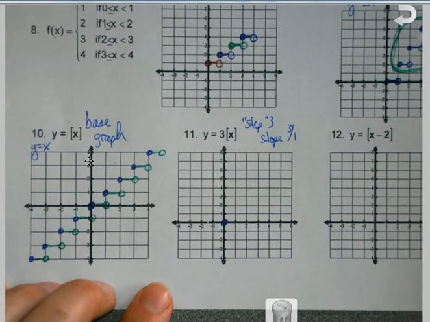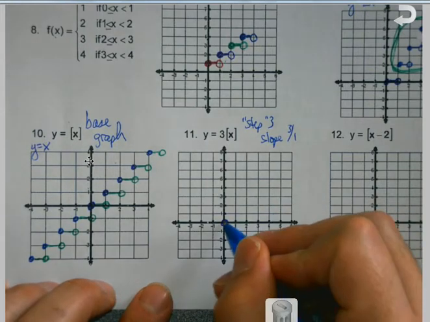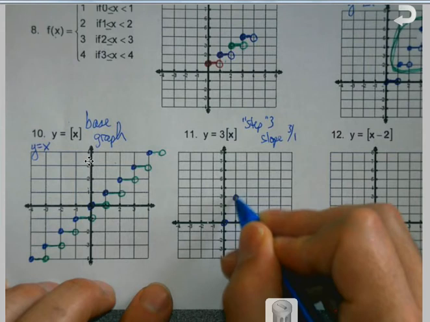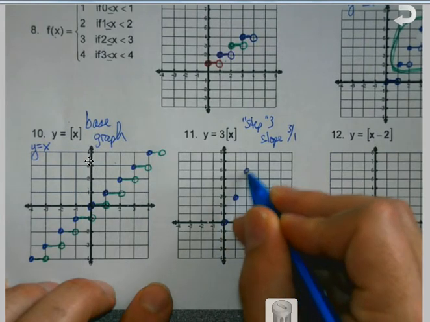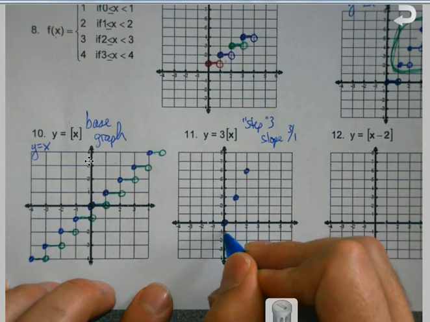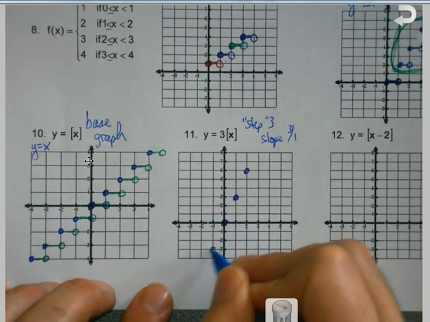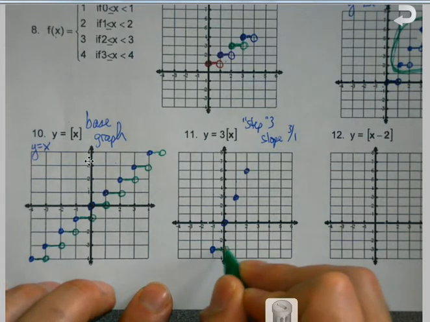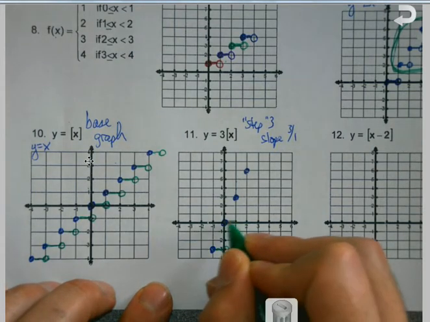But now each of my steps are going to get kind of steep, because I'd go up 3 and right 1, up 3 and right 1. Or again, if I can go down and left, that's okay. My steps are always going to be the same width on these, but their steepness can change.